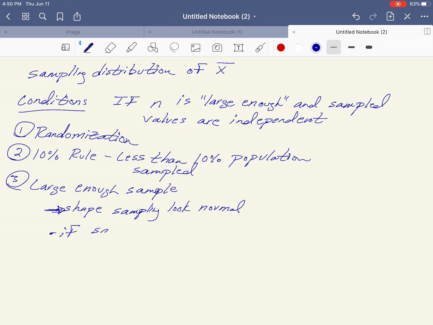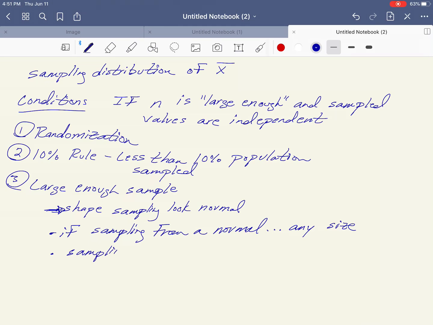So the first thing is, if we know that the original population is normally distributed, so if we're sampling from a normal group, okay, any size of sample is okay. Like we said last time, it only gets skinnier, it only gets better.